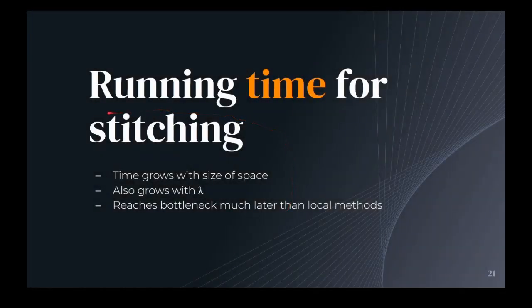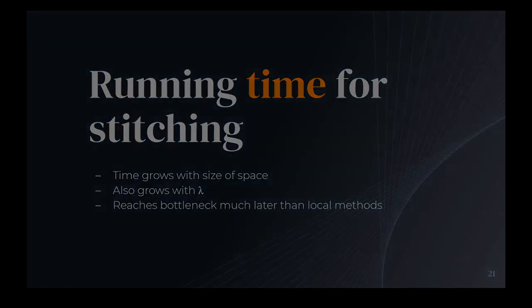So generally speaking, if I'm looking at the running time for stitching, the time will grow with the size of the space. Unlike the local methods, it will also grow with lambda. But unlike the local methods, it is actually able to run in a reasonable length of time for values of lambda which are much greater than for the local methods.